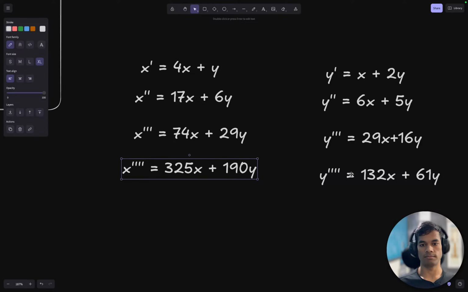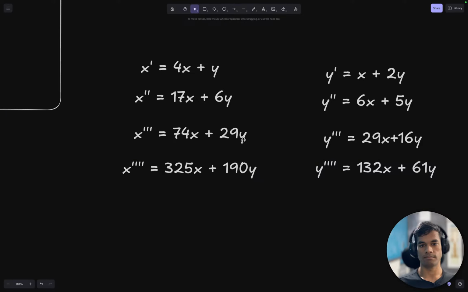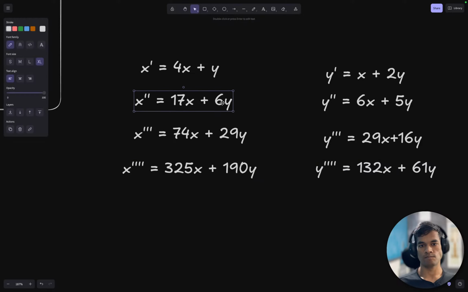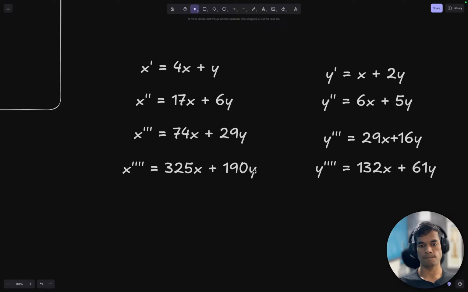Is there a pattern? I don't see a pattern.